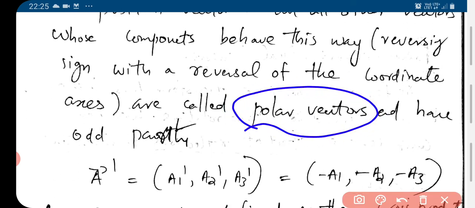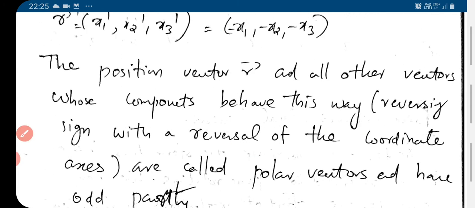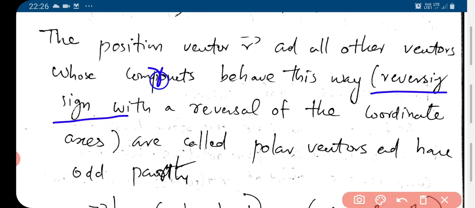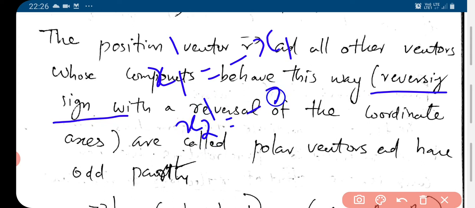These are called polar vectors and are said to have odd parity. So if you reverse the coordinate system, the sign reversal occurs, because x1 prime is now minus x1, x2 prime is now minus x2.